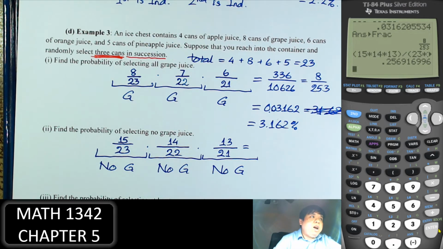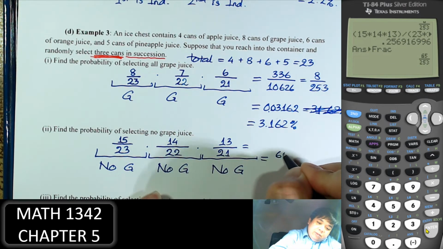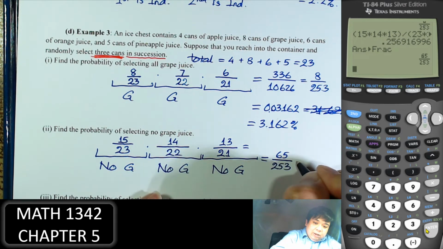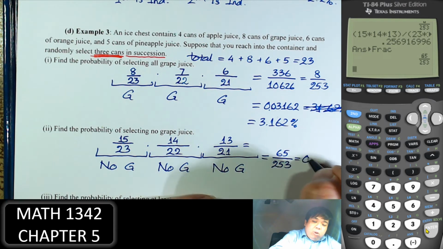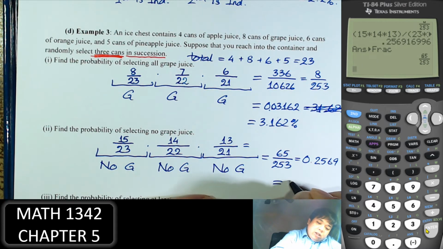Can we get the fraction? 65 over 253. So we have about 0.2569, so that's about 25.69%.